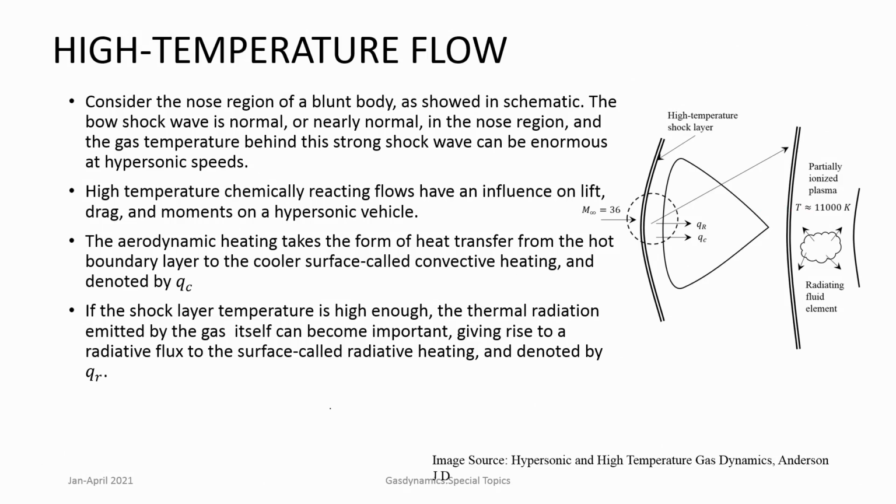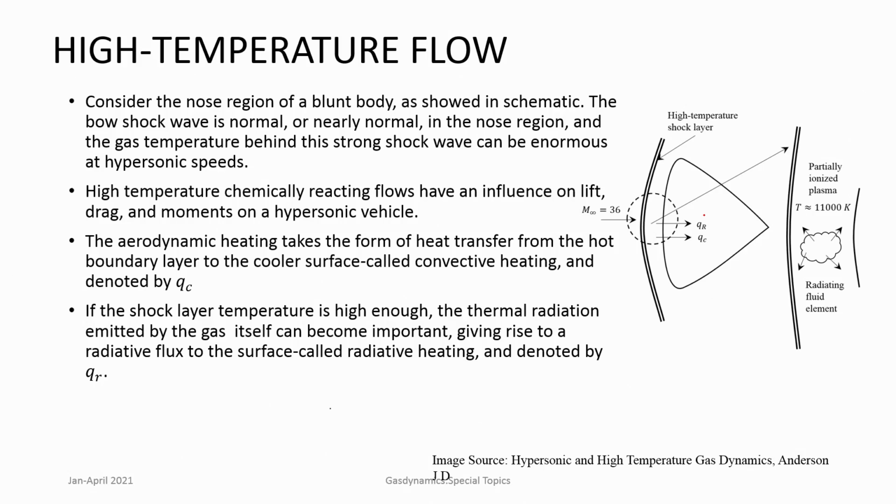It may be a chemically reacting flow, it may be an ionized flow, therefore energy interactions will be very important, and the energy equation itself has to be reconsidered. There may be additional modes of heat transfer that become important, like radiation.